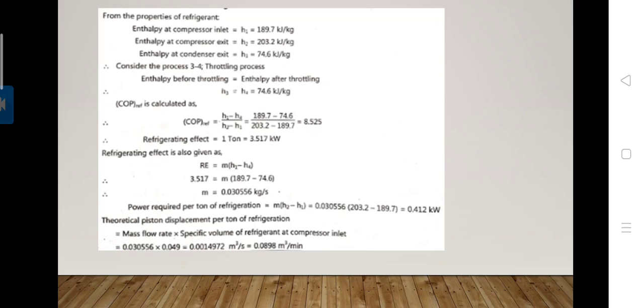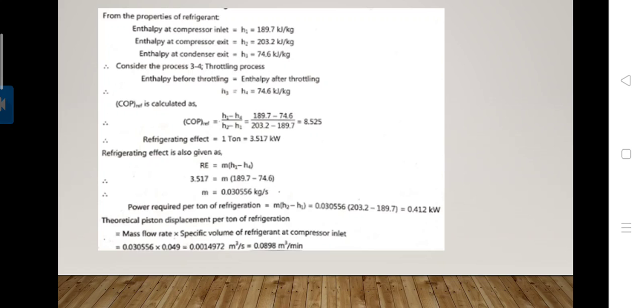Now we are asked to calculate the theoretical piston displacement per ton of refrigeration. So it is mass flow rate times the specific volume of refrigerant at compressor inlet. The mass flow rate we just calculated is 0.030556 kg per second, and the specific volume given is 0.049.